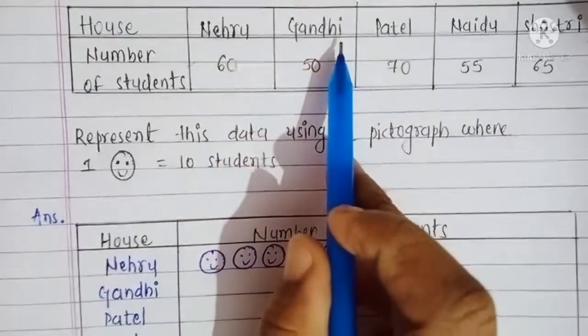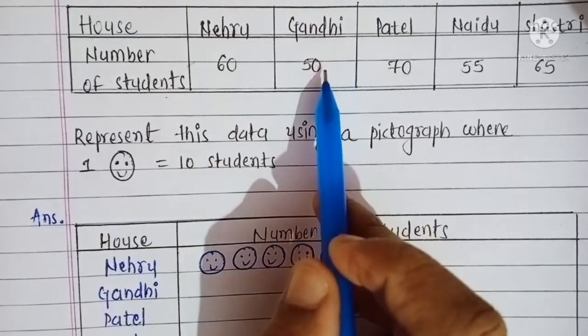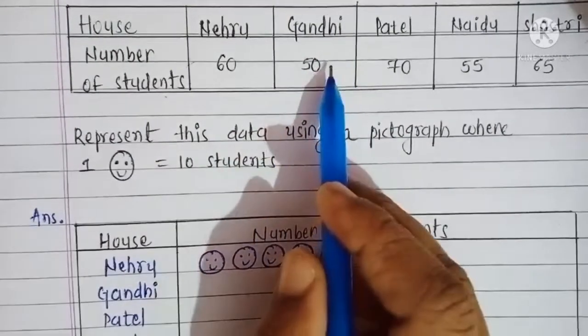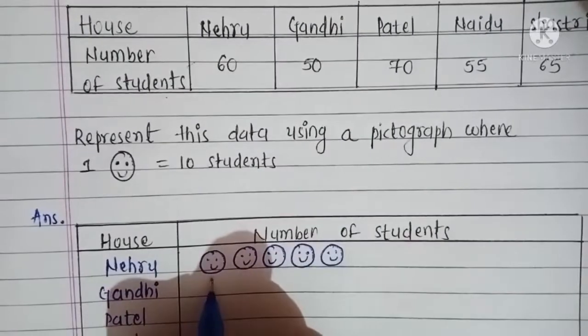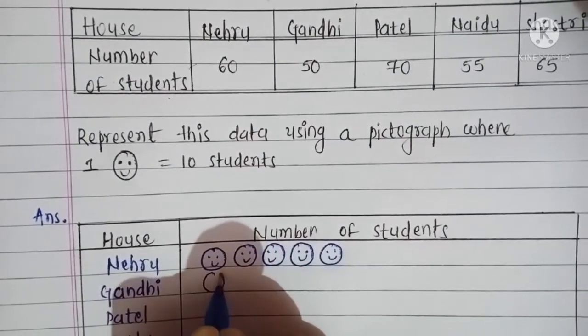Next, number of students in Gandhi is 50. So 10 5s are 50. We draw 5 symbols.